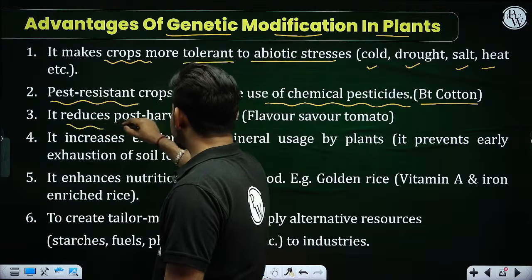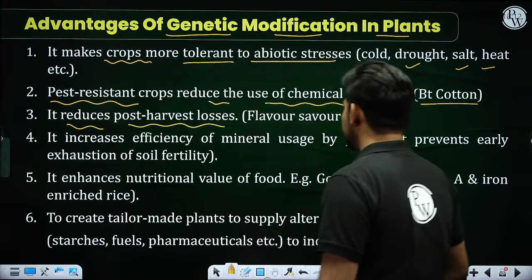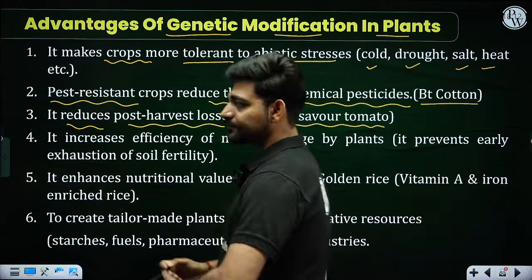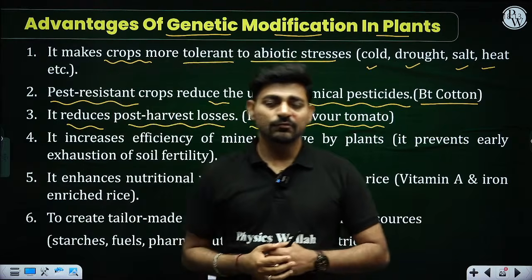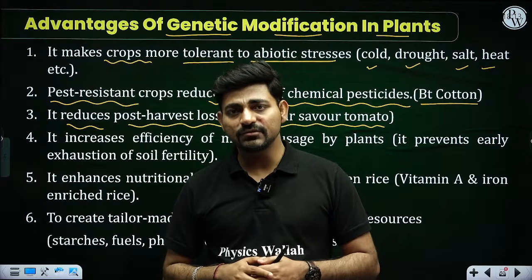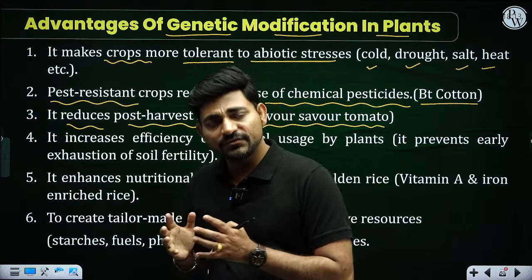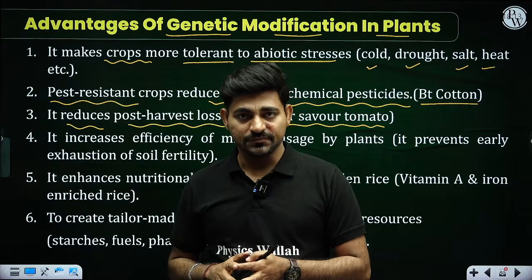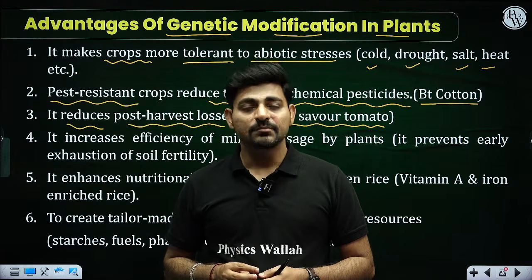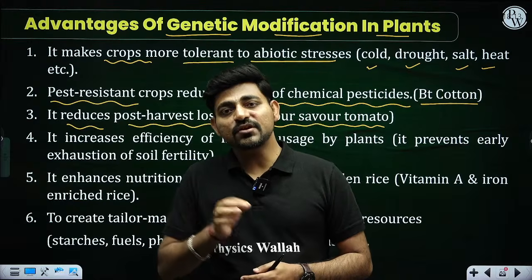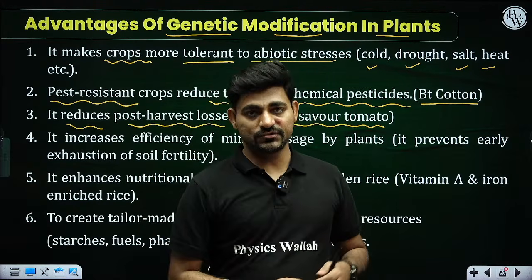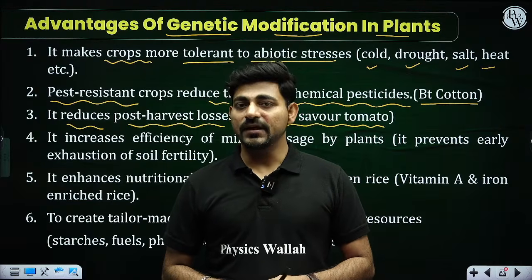It reduces post harvest losses, for example the flavor saver tomato. See, for potato, after harvesting, we can store them for a few months or even a few years in a warehouse, in cold storage. But previously it was not possible to store tomatoes in cold storages. Okay.